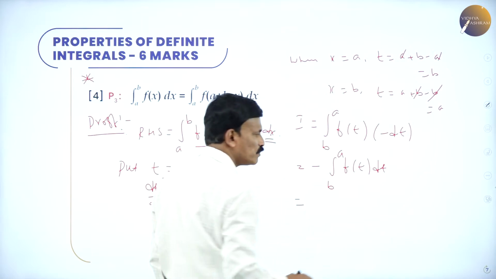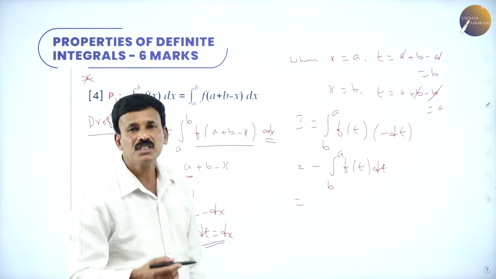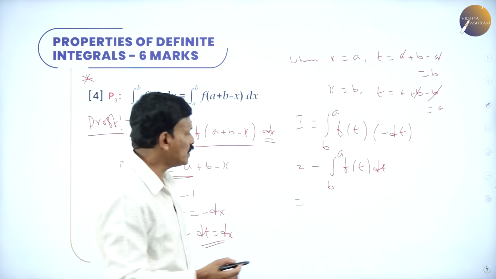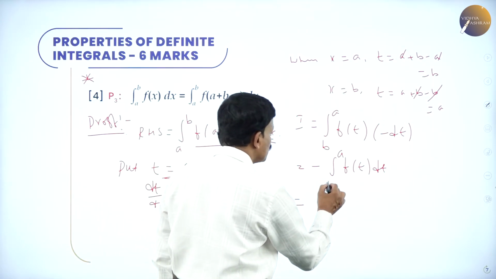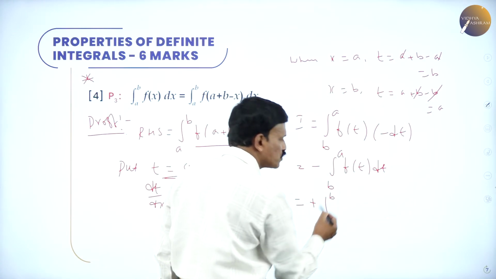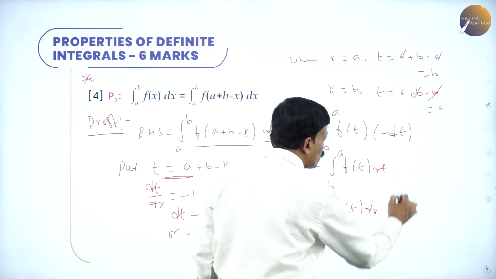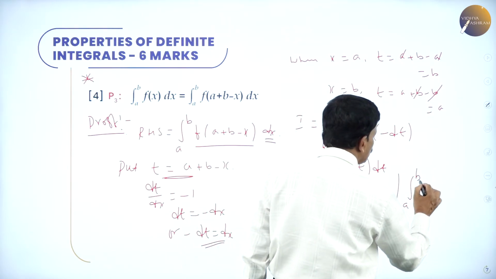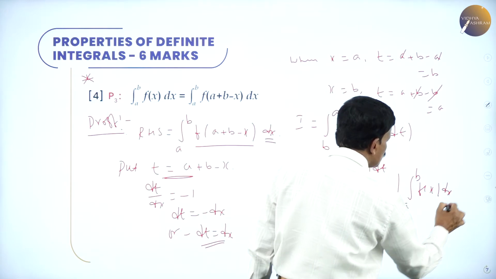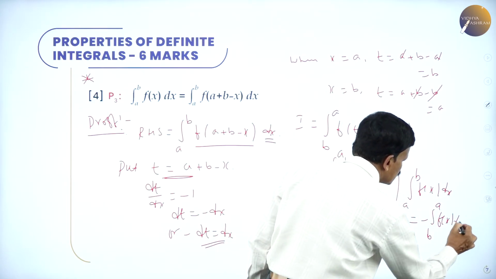Now this can also be written, according to property number 2, if we interchange the lower and upper limits, the sign changes. So minus becomes plus, and the limits b to a reduce to a to b of f of t dt. That is according to the property: the integral from a to b of f of x dx is also equal to minus the integral from b to a of f of x dx.